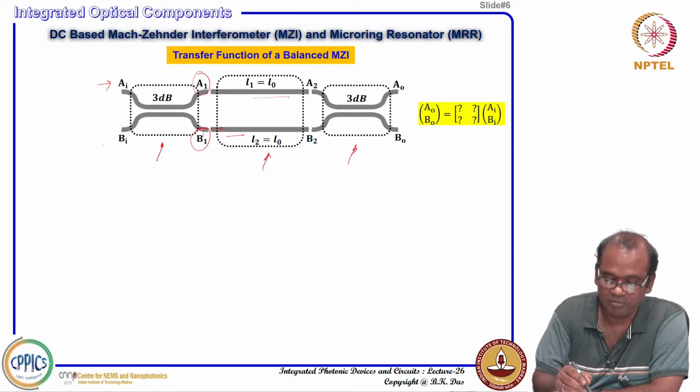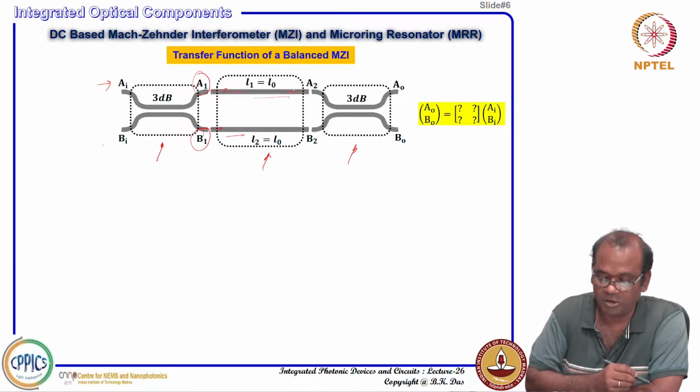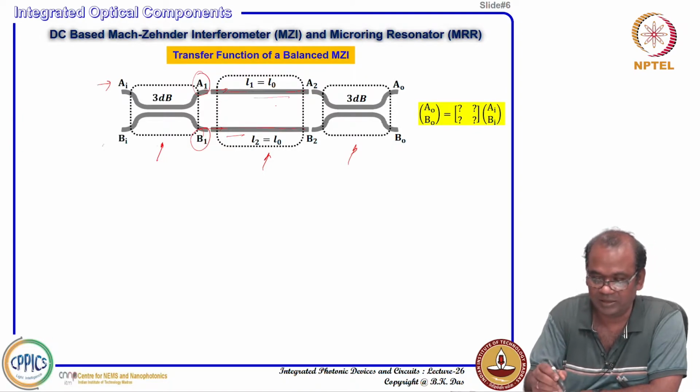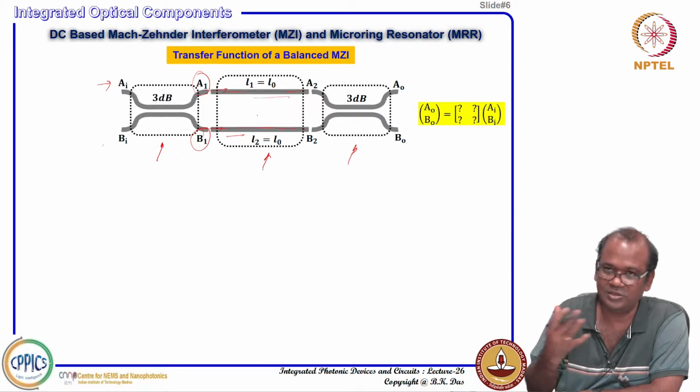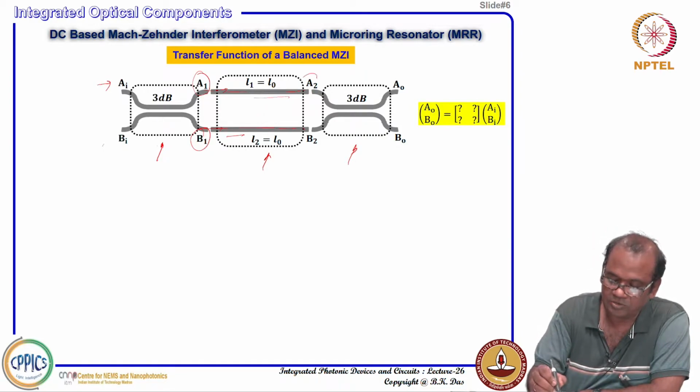You are launching here B1 and here A1. Then they will propagate a length L0, and this one will also propagate a length L0. Then at the output, after traveling, it can have some kind of loss, it can acquire some phases. We are considering the lossless case. At the end, we can just calculate and estimate the loss budget. So, here the output will be A2 and B2.